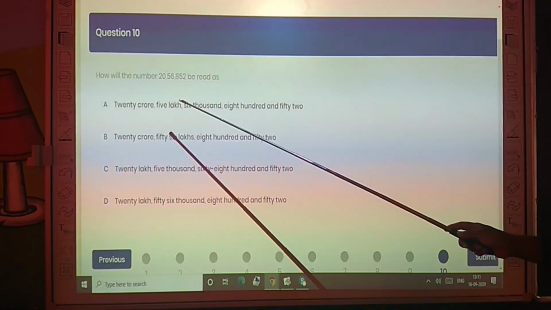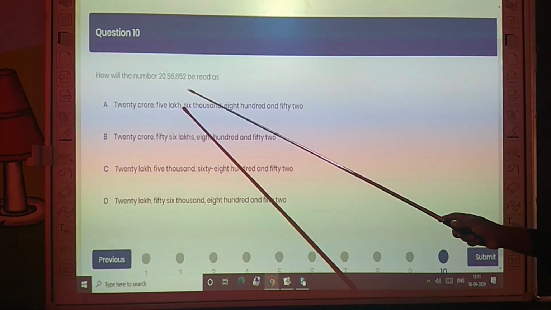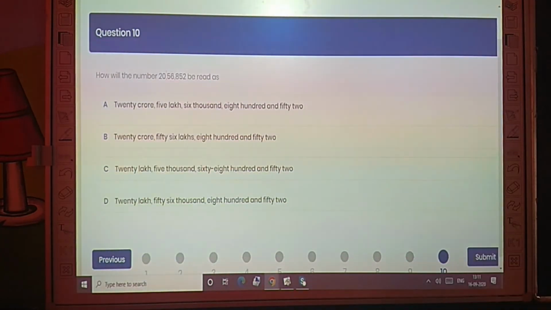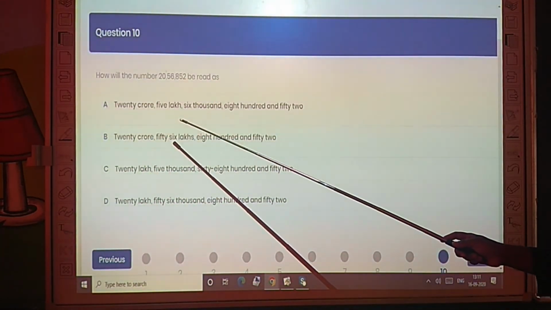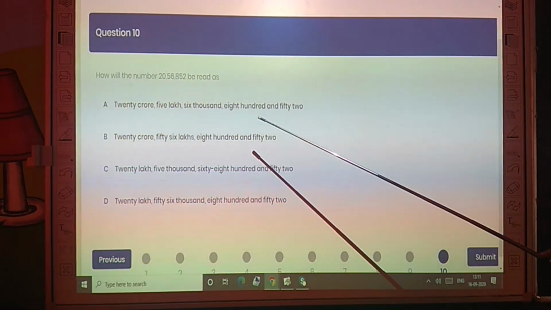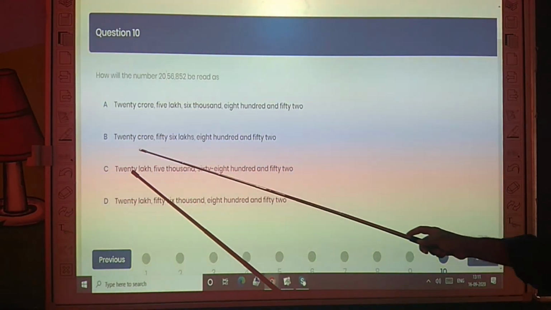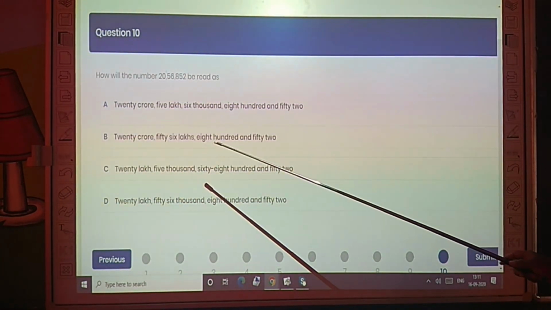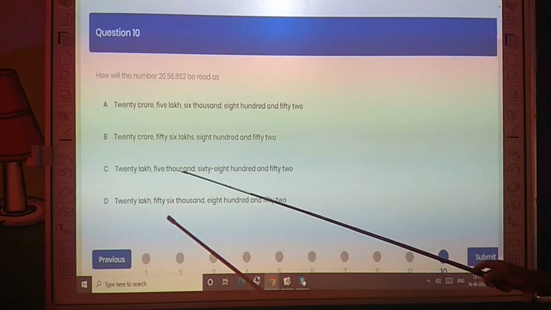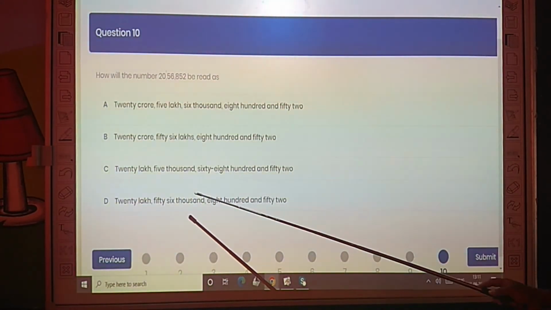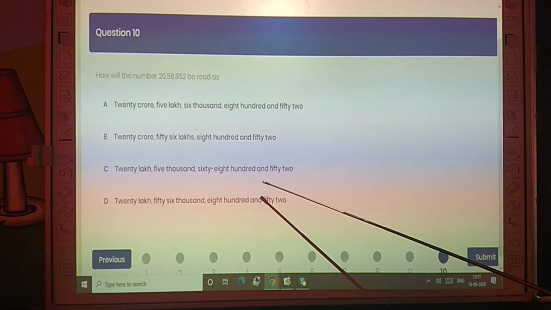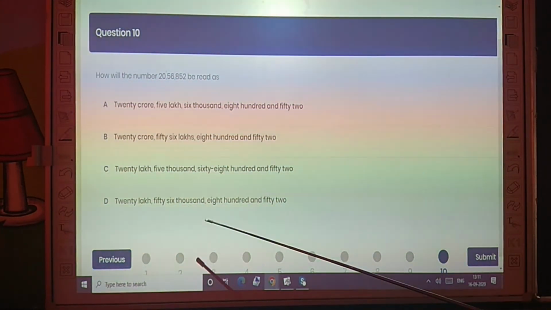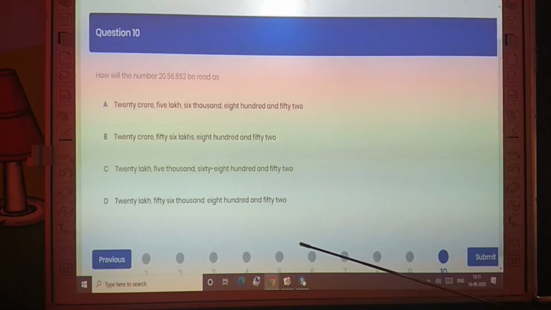How will the number 20,56,852 be read? A, 20 crore 5,06,852. B, 20 crore 56,852. C, 20 lakh 5,068,852. D, 20 lakh 56,852. Thank you to all.